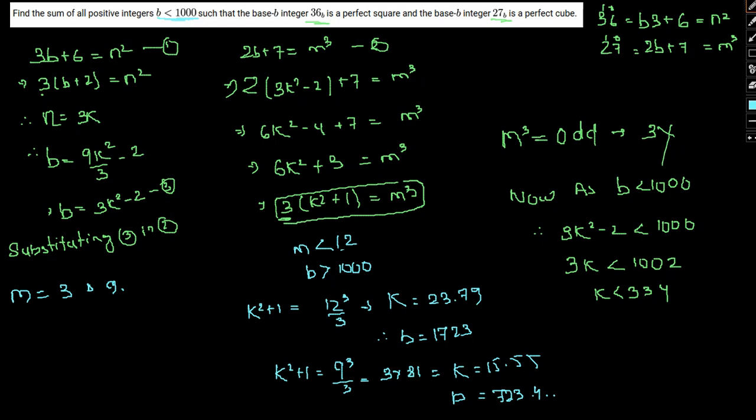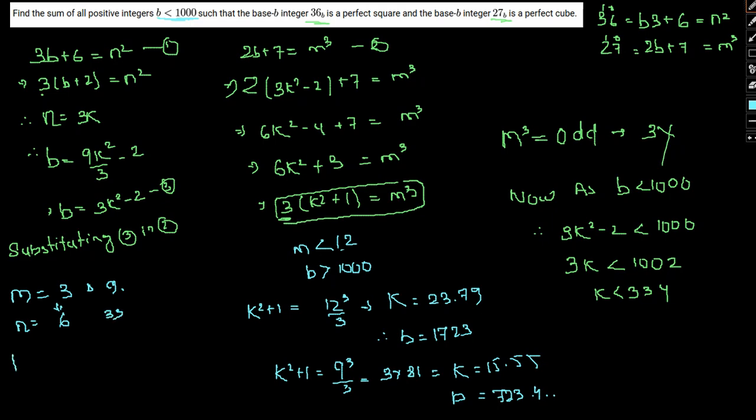So if m is 3 and 9, what we can finally find is, for m equal to 3 we have n equal to 6, and for m equal to 9 we have n equal to 33.